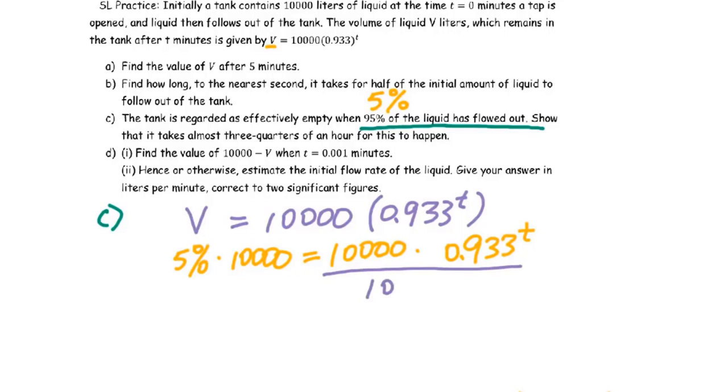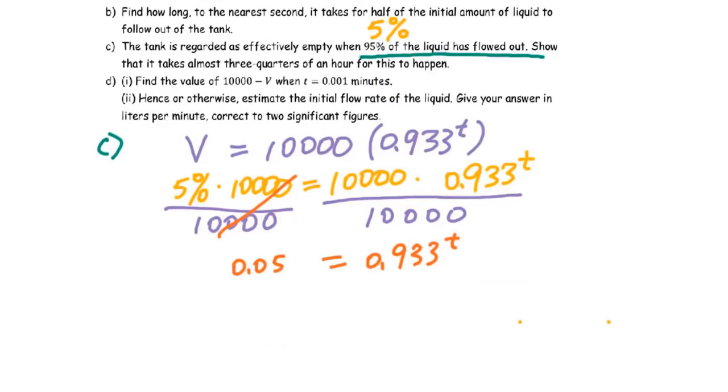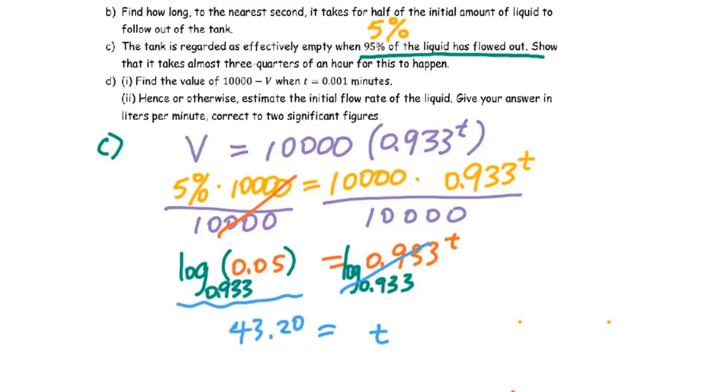Still, we need to divide by this 10,000 both sides. You will get 0.05 equals 0.933 to the t power. Then we do the log base 0.933 both sides, and you will get t equals. We put this into the calculator.